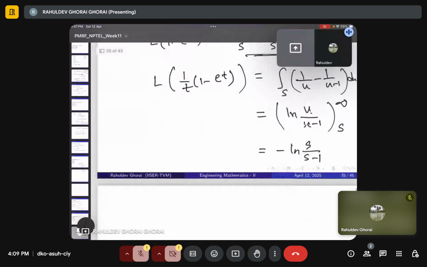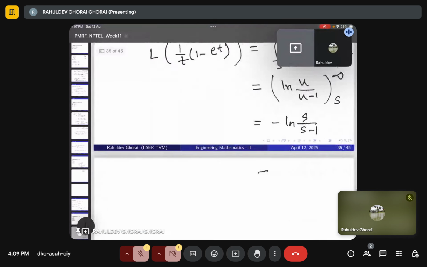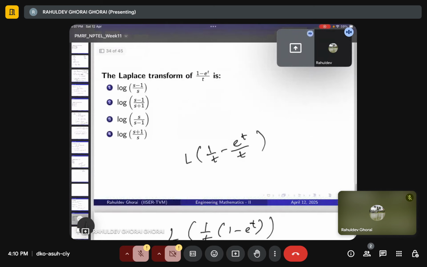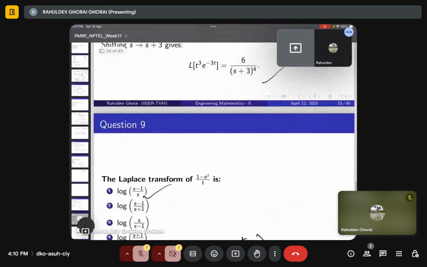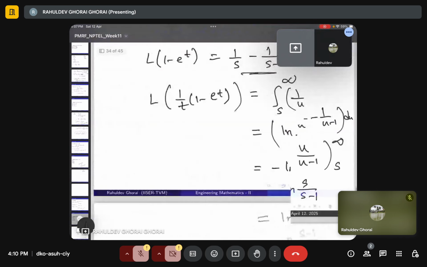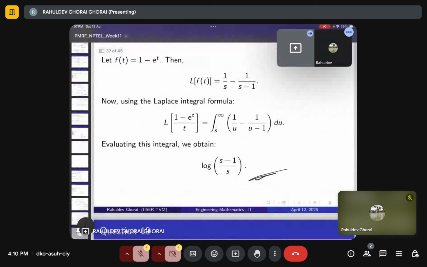That is nothing but equal to ln of (s minus 1) over s. So ln of (s minus 1) over s, so first option is correct. This one is correct. You can see the answer here.